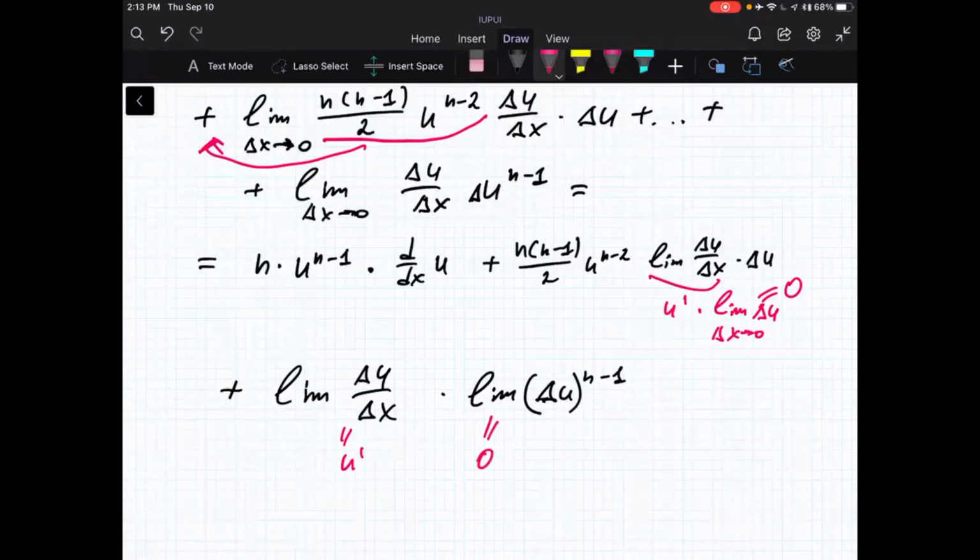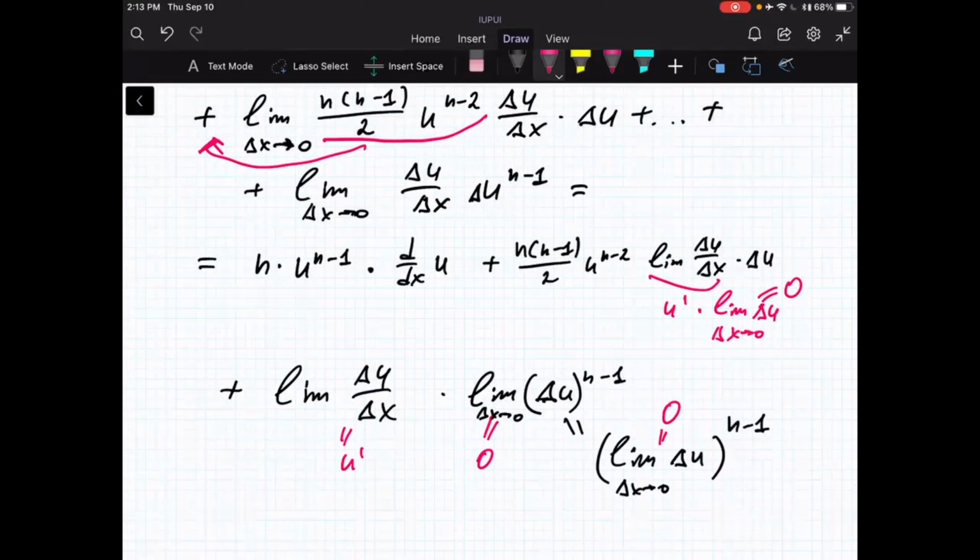And this is 0 by the same reasons. Because again, using the property of the limit, you can write it as the limit of delta u to the power n minus 1 as delta x goes to 0. But what we discussed is that this is 0. So 0 to the power n minus 1 is still 0.